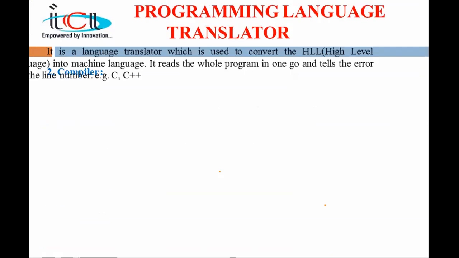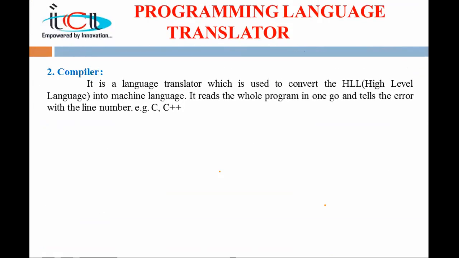Now we discuss the compiler. It is also a language translator used to convert high-level language into machine language. High-level languages like C, C++, and Java use a compiler to convert the code into machine language. It reads the whole program in one go.